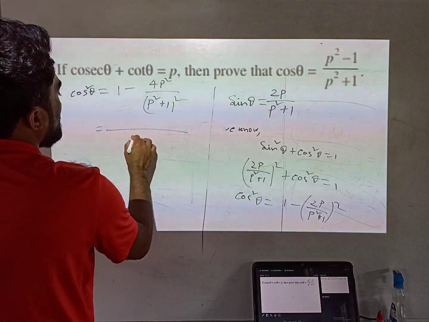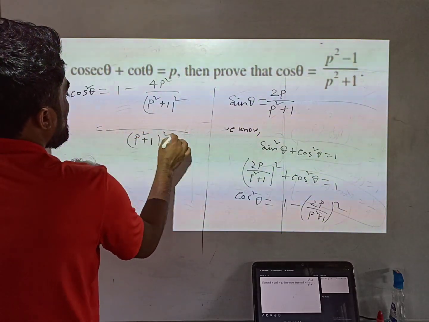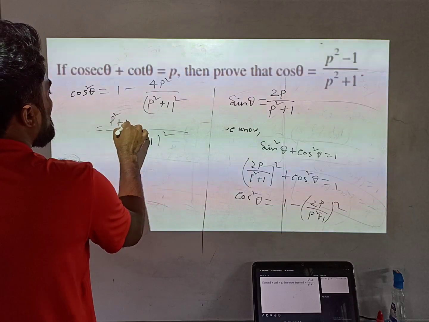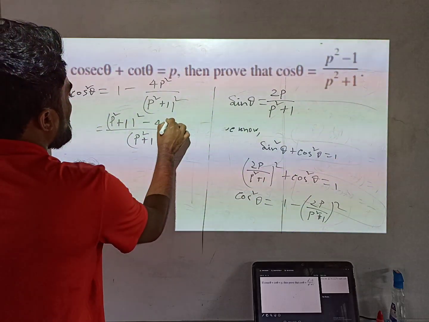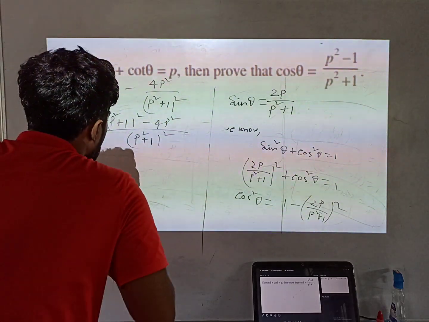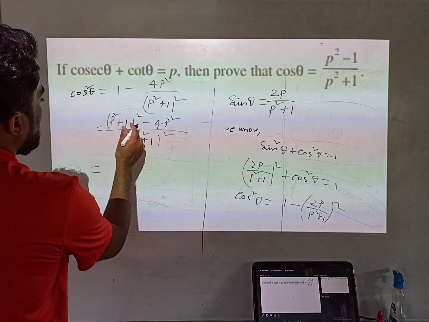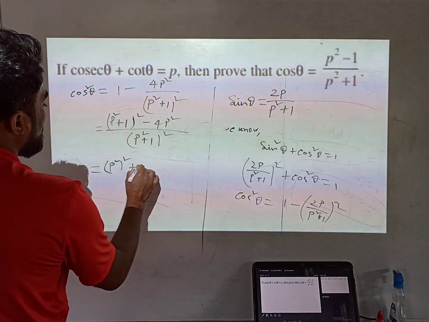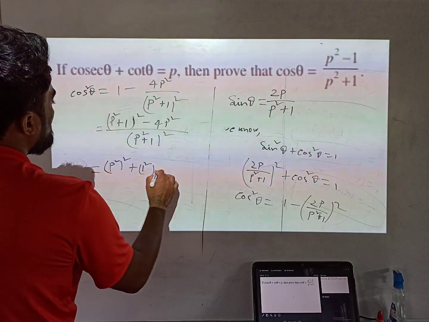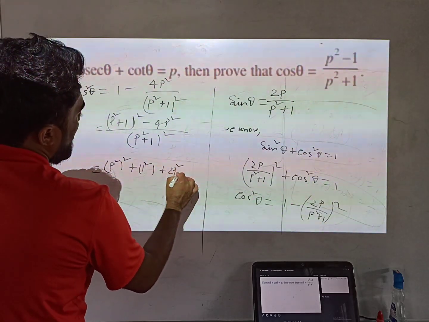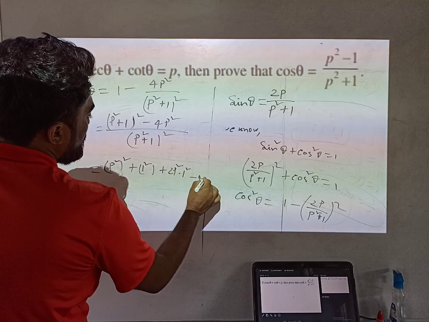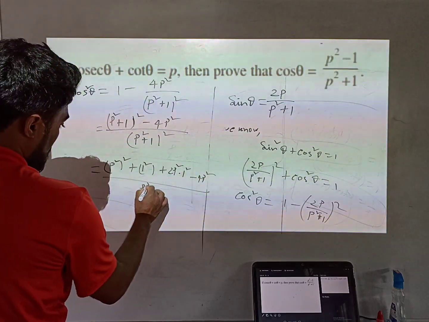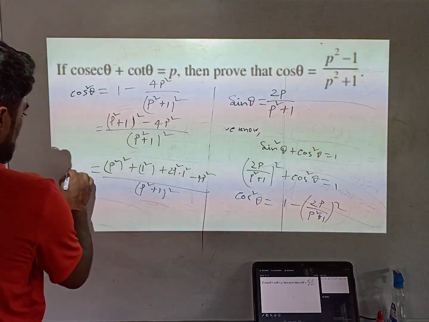You take LCM, that is p square plus 1 whole square, and here also p square plus 1 whole square minus 4p square. Okay, so what I get here, you see, if I expand it, what I get? A plus b whole square. So a square plus b square plus 2 into a into b minus 4p square divided by p square plus 1 whole square.